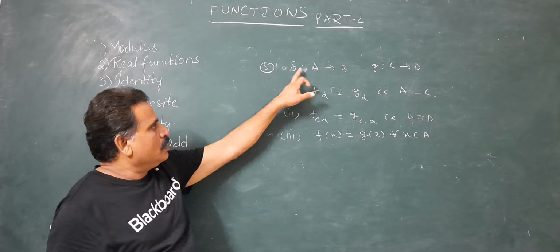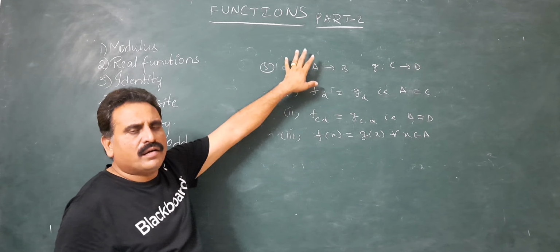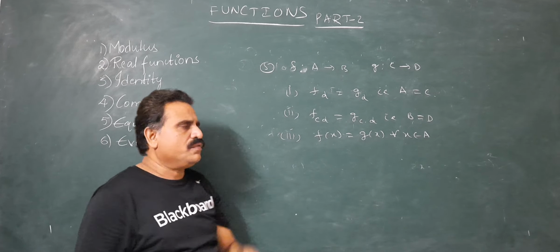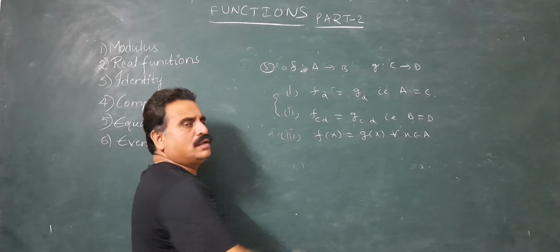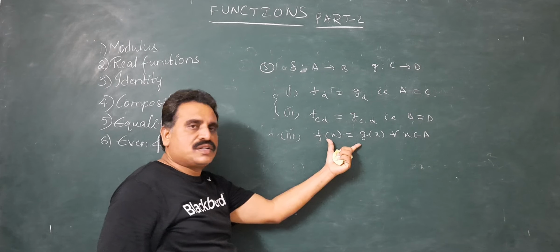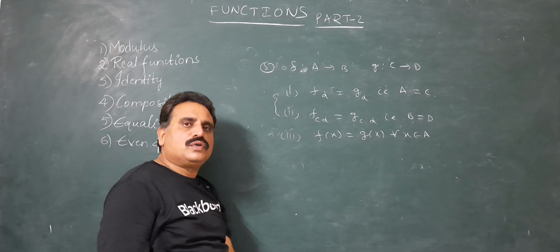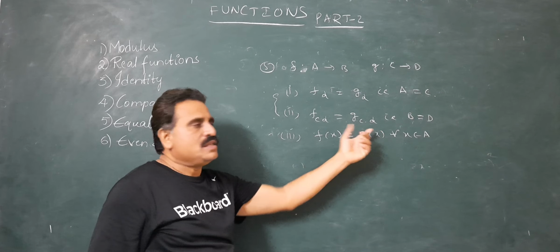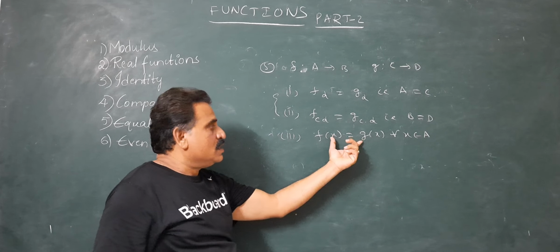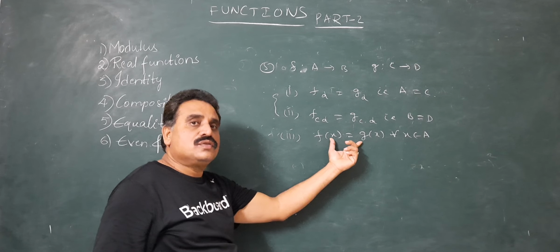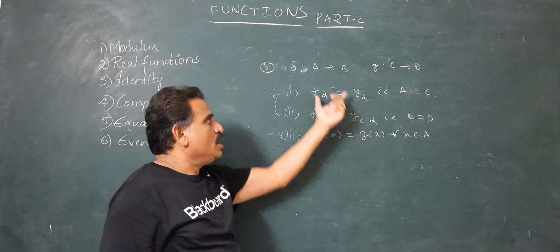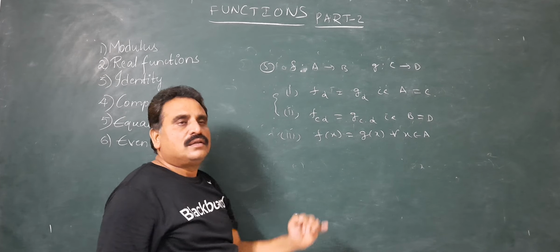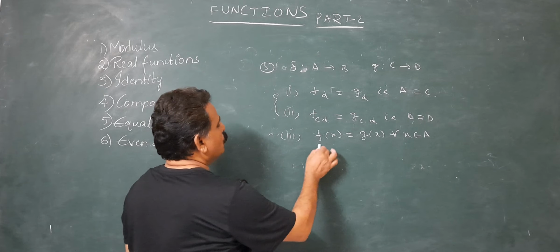First, f and g are defined on the same domain and to the same codomain. That is the first and second conditions. Next, the function values are the same: f of x equals g of x for all x belonging to A. If these two functions satisfy these conditions, then we say that f equals g.